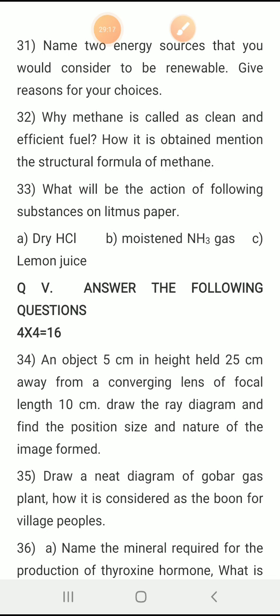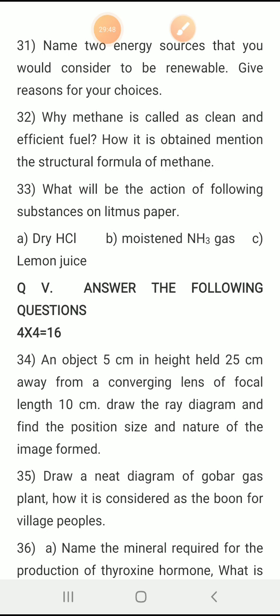He will take not much energy from outside, because he is going to produce his own energy through gobar gas, the methane gas. His energy requirements will be fulfilled. He'll use only a little energy from outside, right? So in this way, it will be helpful to the village people.